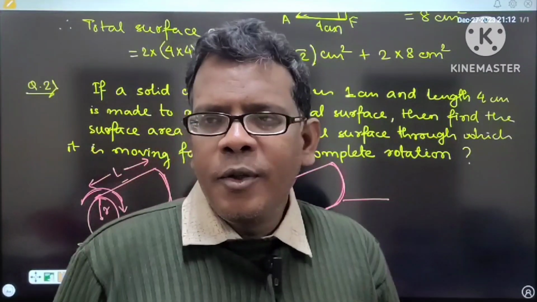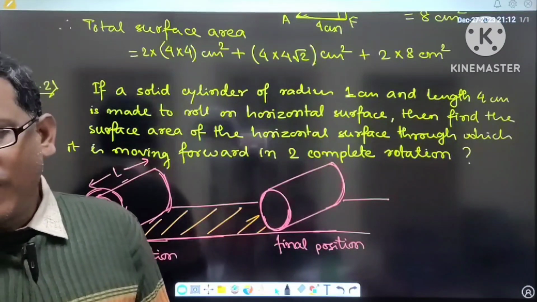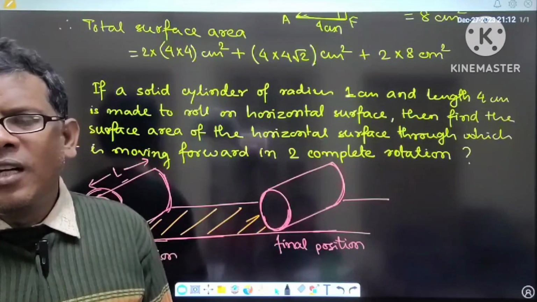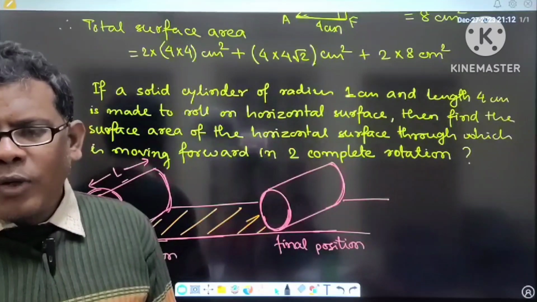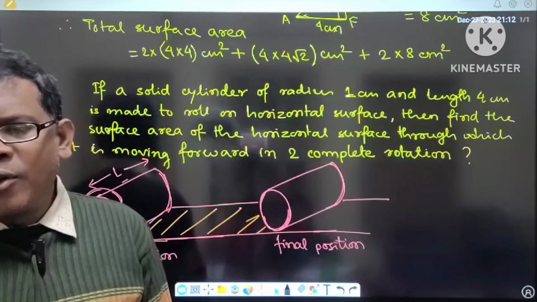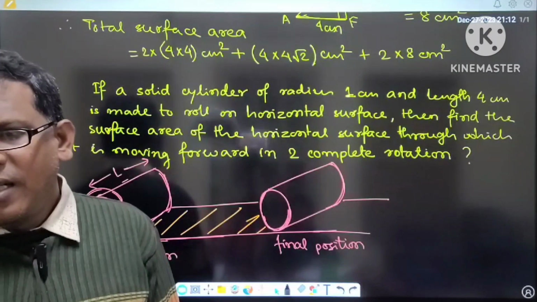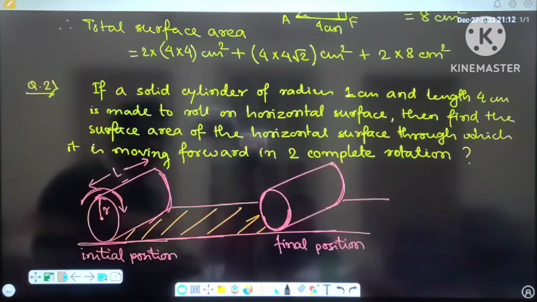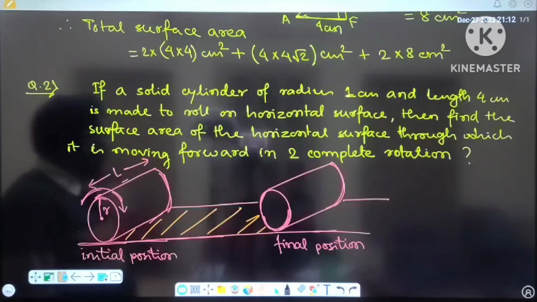Who can tell me the meaning of two rotations? How will you reach a conclusion with this term of two rotations? What will happen about the one rotation measurement? Suppose when the cylinder completes one rotation, by what distance will it move forward?